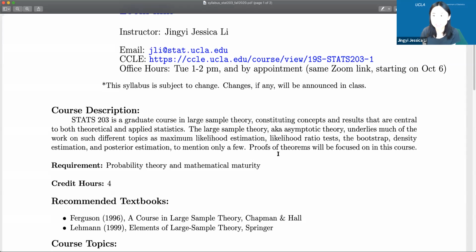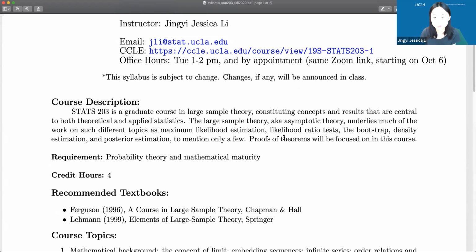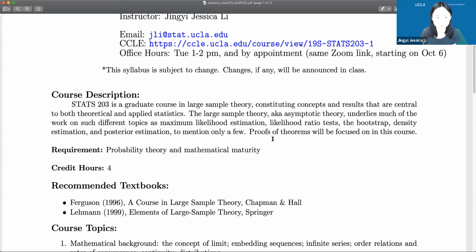If you're interested in understanding how these proofs work, you will read the materials I post. But if you are okay with just applying the theorems and you don't care so much about the proofs, I think that's also allowed for this time. What you can do is to understand the intuition and the ideas of those theorems. So that's what I expect.